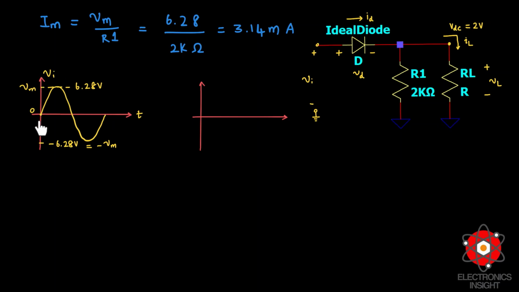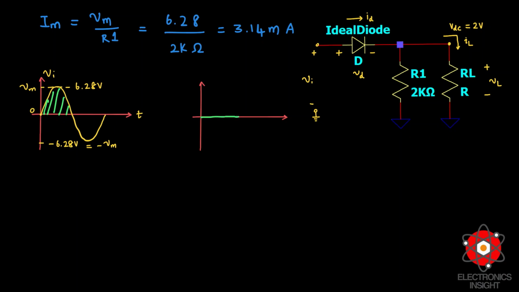Now we know that this is our input voltage signal, and it is going to be fed to the diode. For a half-wave rectifier circuit, we know the working principle that the diode D will conduct only during the positive half cycle of the input waveform. Since we have considered the diode to be ideal, there is no voltage drop across the diode during forward bias.